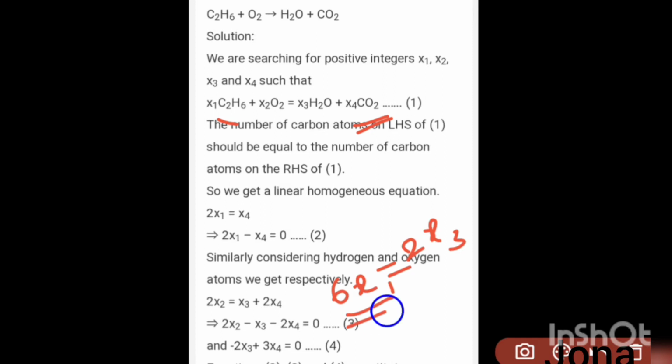Instead of 6x1, I can use the fact that already we have 2x1 equal to x4, so 6x1 is 3 times 2x1, which is 3x4. So taking everything to the left hand side, I get the equation 3x4 minus 2x3.